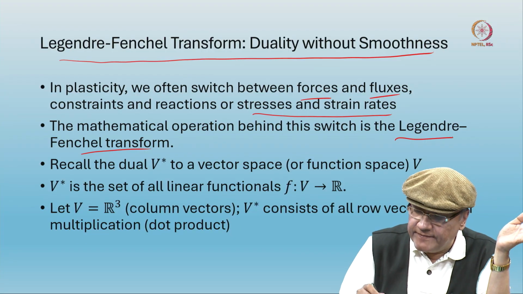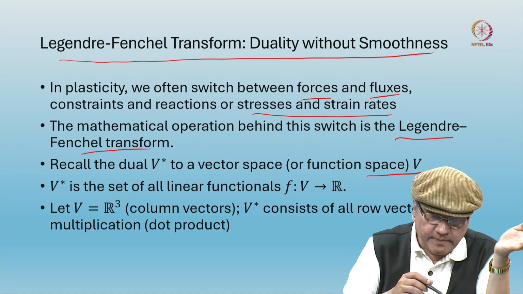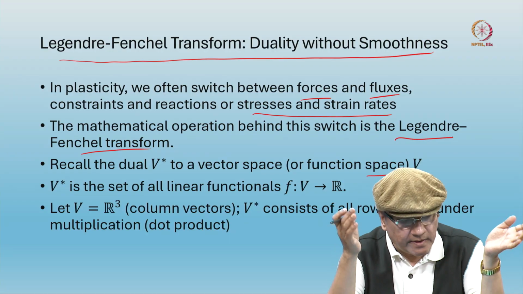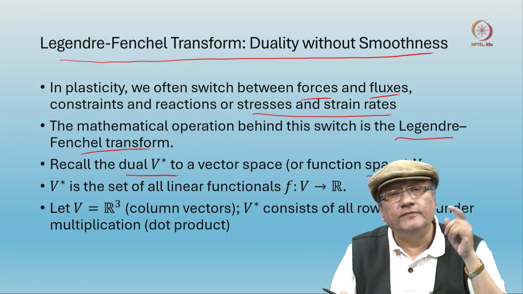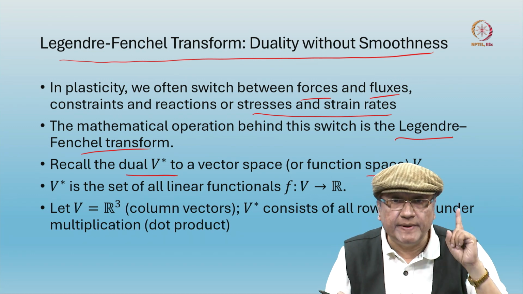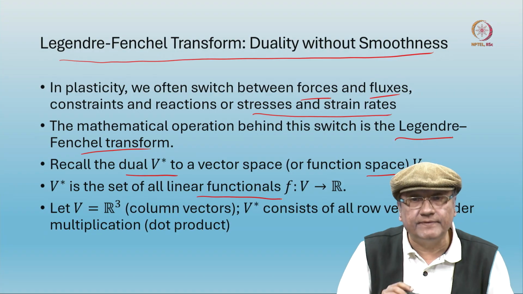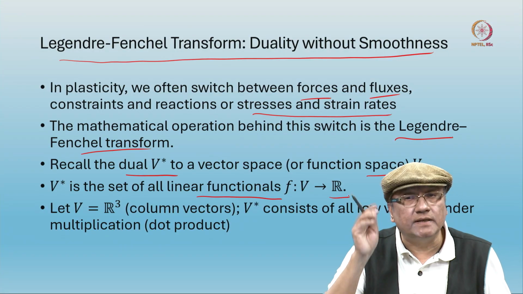So if V is a vector space or a function space, if you know about it then no problem. Many of you who have gone through a course in linear algebra may know what the dual to a vector space is. The dual V star is the space of all linear functionals f that act on V and lead to a real number.